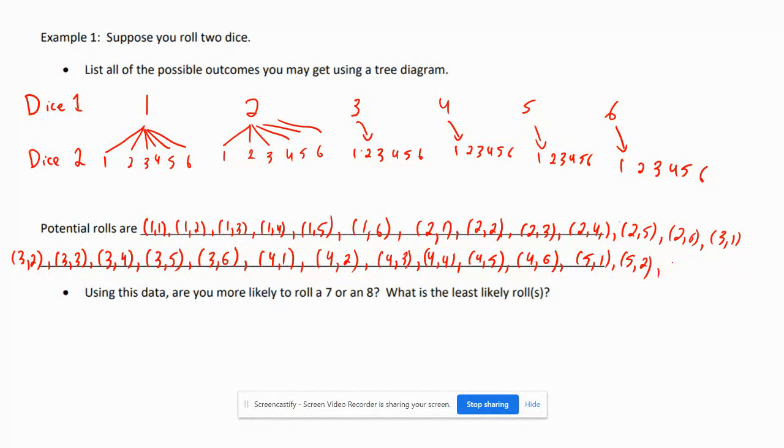Using the fundamental counting principle, there are 6 options for the first die, and 6 options for the second one. So 6 times 6 is 36. That's going to be the total number of outcomes.